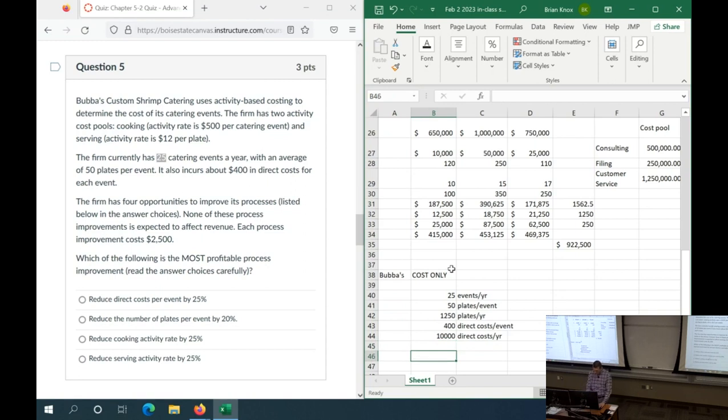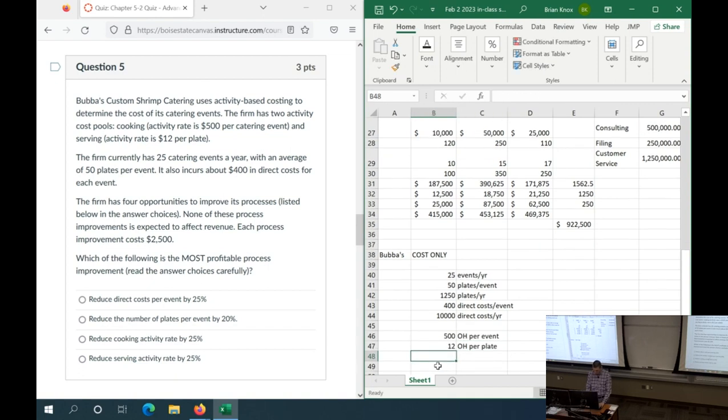And we have these 2 rates here as well. We have 500, that's overhead per event based on this rate right here. And we have $12 overhead cost per plate. That's the charge we're charging overhead to each plate.